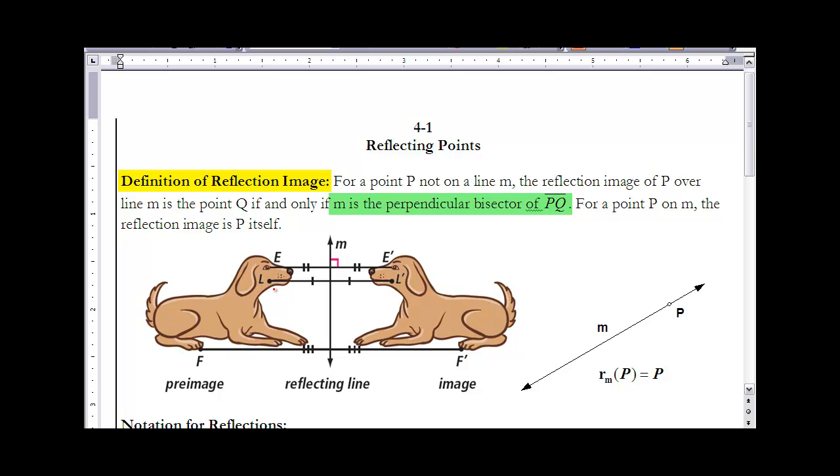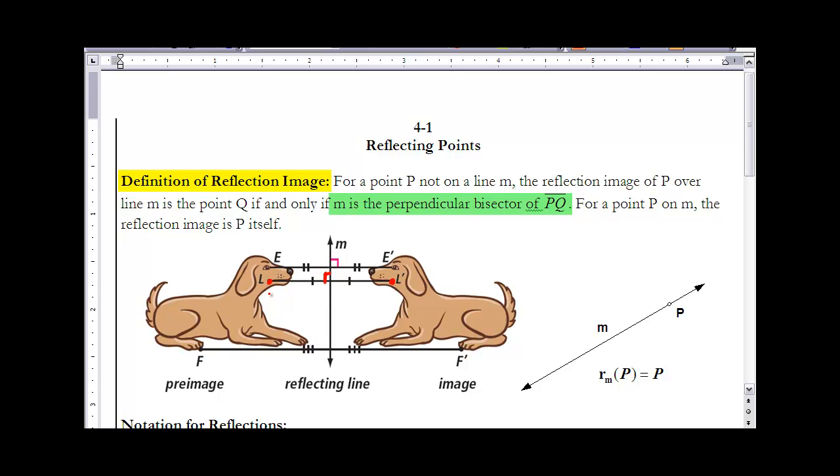What that's saying is that if I have a point and I'm reflecting it over line M, then this line must be the perpendicular bisector of this segment. If we think back to the last chapter, perpendicular bisector means that it's going to divide the segment into two equal segments, and it's going to form a 90-degree angle with the line segment.